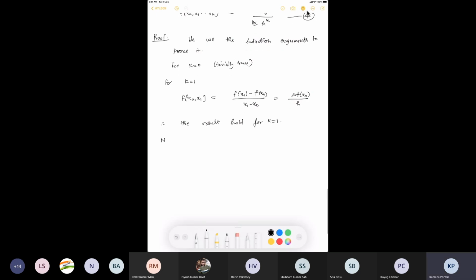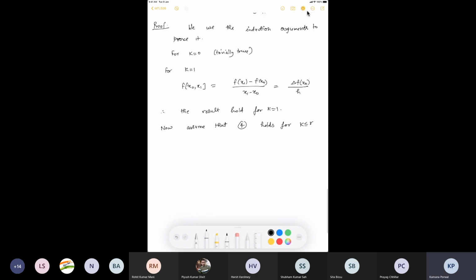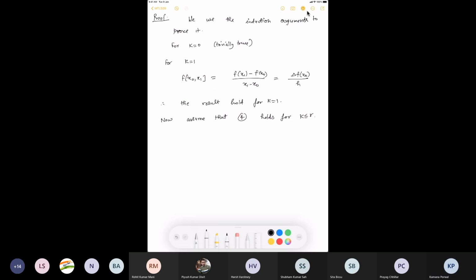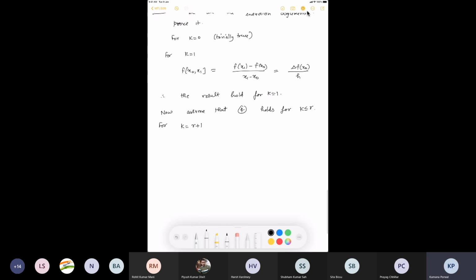So now we assume that result 4 holds for k less than or equal to r, and we try to prove that it is true for k equal to r plus 1. So what happens for k equal to r plus 1?